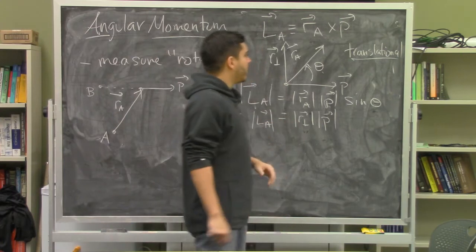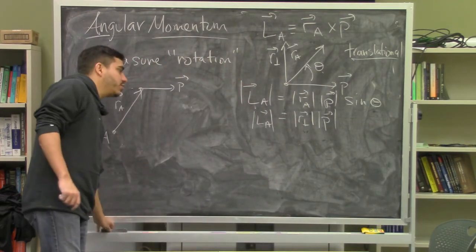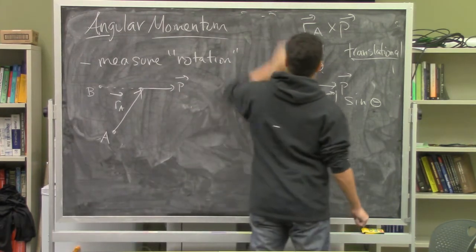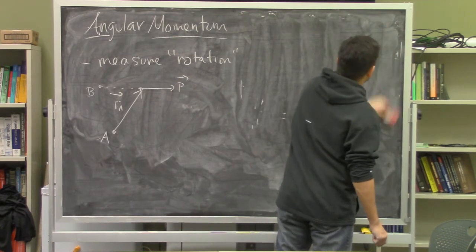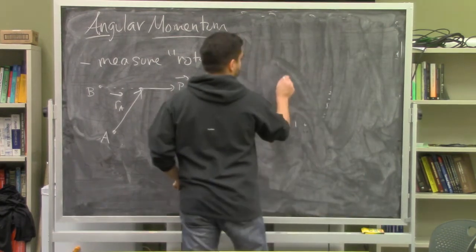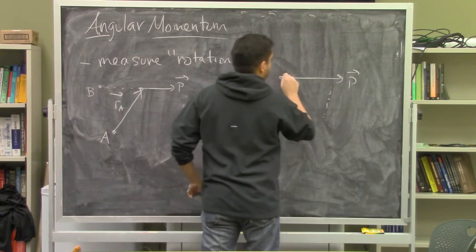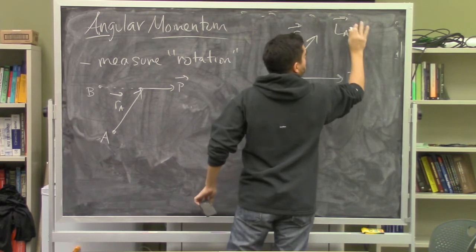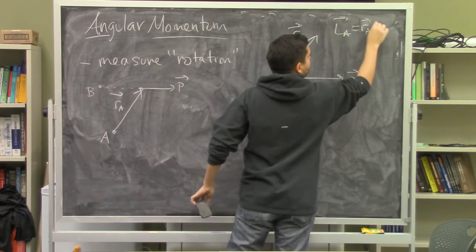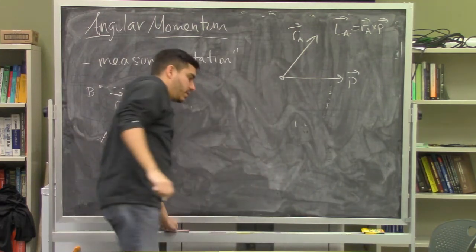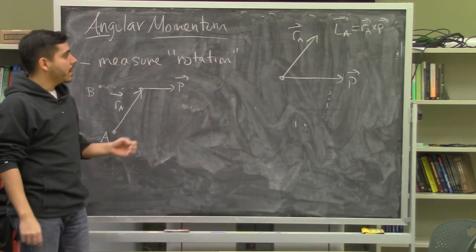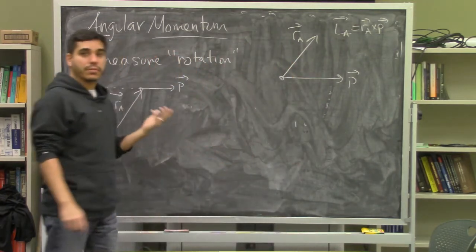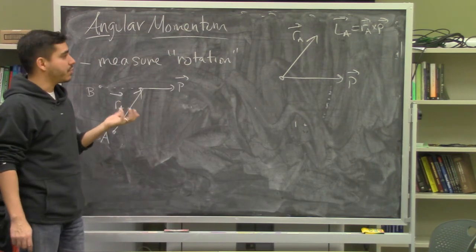Now, the last thing to talk about here is the direction of the angular momentum. And just like we had with torque, I'm going to go ahead and erase this, and we're going to go back and draw the picture again. Just like we had with torque, if you are calculating the cross product of this r vector and this momentum vector to calculate the angular momentum vector, the cross product provides a resultant which is perpendicular to the other two vectors that you are calculating the cross product from.